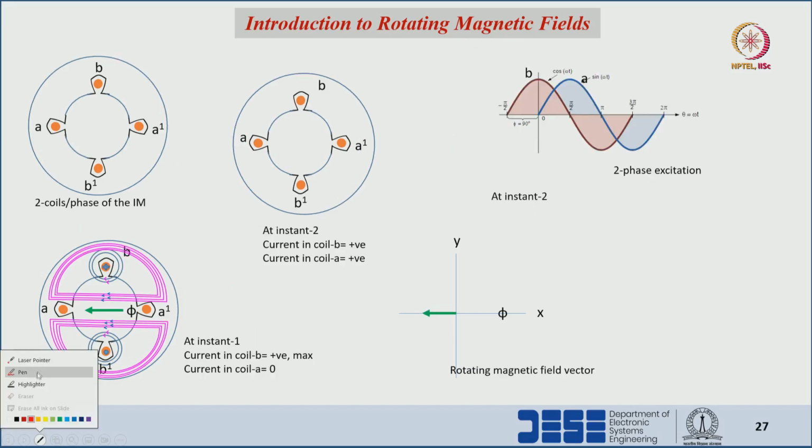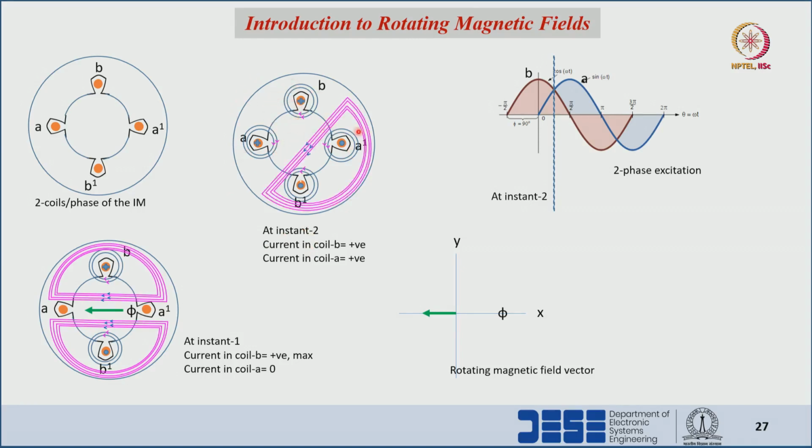Similarly, at the next instant, at omega t equals 45 degrees, that is instant 2, we can see here the flux loops will be in this manner, and the resultant flux loops with respect to these two dots will be additive, and these two crosses will be additive, and the resultant flux vector is in this direction, for instant 2 at omega t equals 45 degrees.